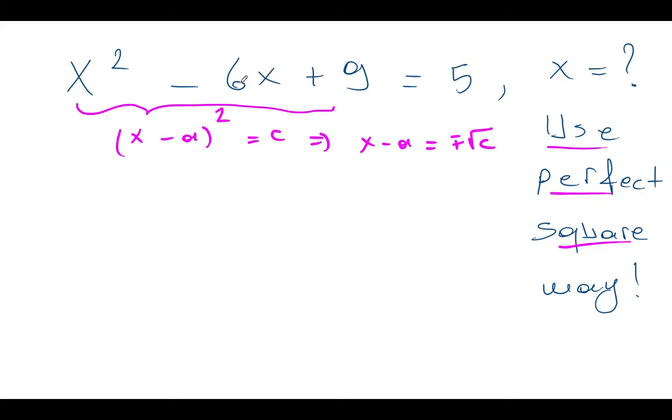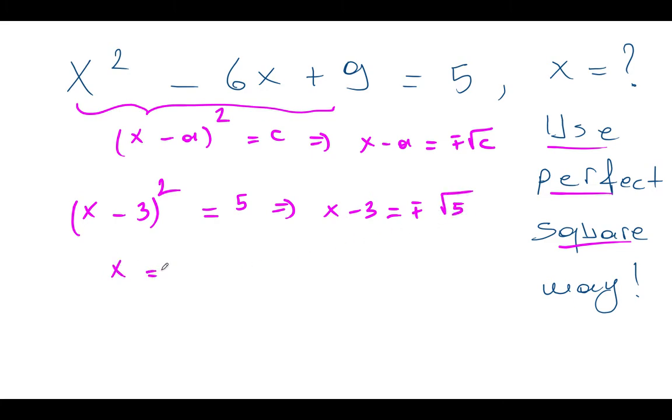If we divide this by 2, it will be negative 3. So we will try in our mind, could my question be written in this form? x squared minus 2 times x times 3, negative 6x, plus 3 squared 9, so almost the same, is equal to 5. And by using the rule, x minus 3 is equal to plus minus root 5.